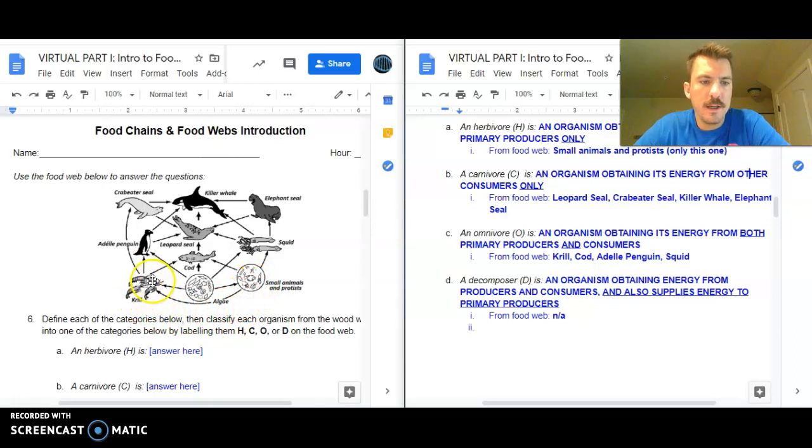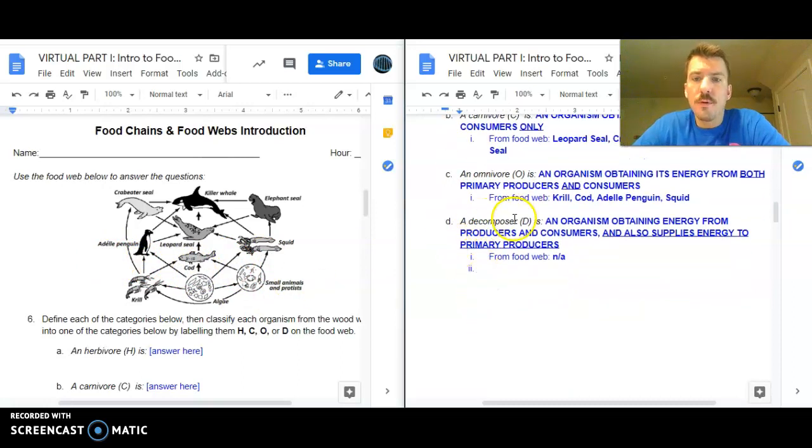We also see this penguin obtaining energy from algae and krill, the cod obtaining energy from algae and krill, and finally the squid obtaining energy from algae and also the small animals. So our omnivores are the krill, the cod, the Adélie penguin, and the squid. Also, I don't know if I'm pronouncing Adélie penguin right, but that's what we're going to do.